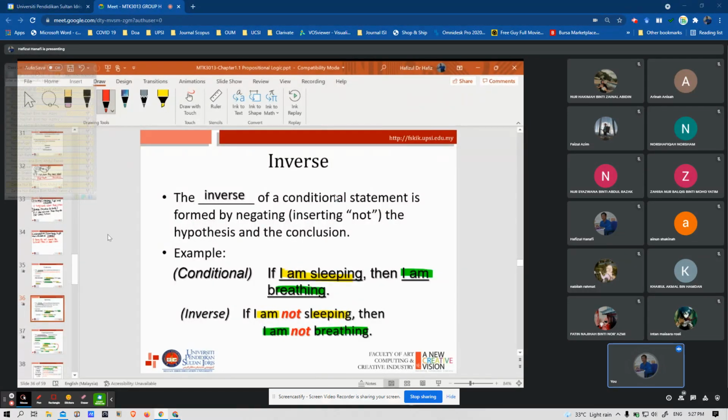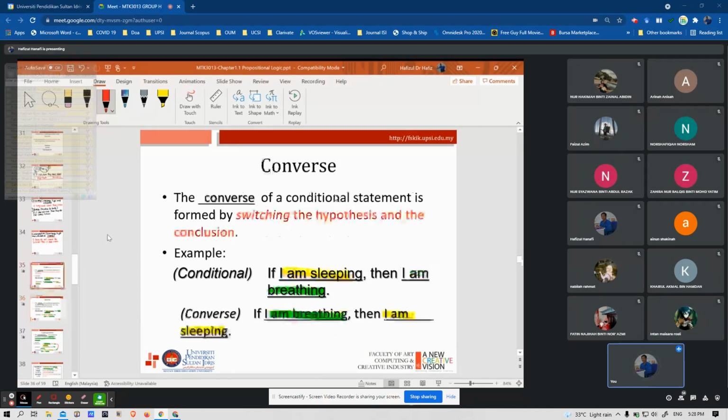Okay, this one is just explanation. Inverse is a conditional statement formed by negating, inserting not, in the hypothesis and the conclusion. Before that is the converse. Converse is a conditional statement formed by switching the hypothesis and the conclusion. Another example: if I am sleeping, then I am breathing. For the converse, if I am breathing, then I am sleeping. You just switch.